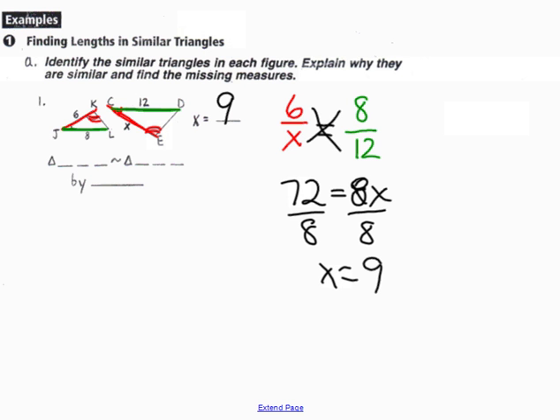Yeah, x equals 9. So then we throw that back in here. How are they similar? They're similar because they have a side, an angle in between, and a side. So these are going to be side, angle, side.